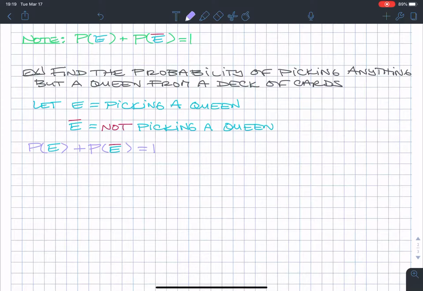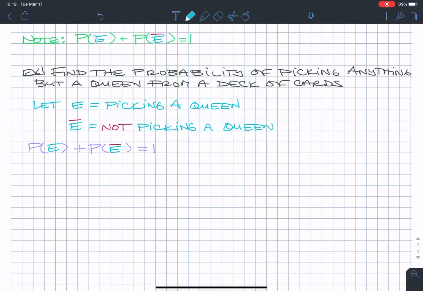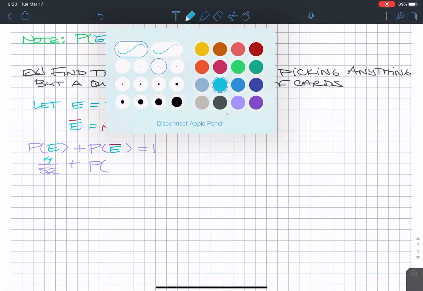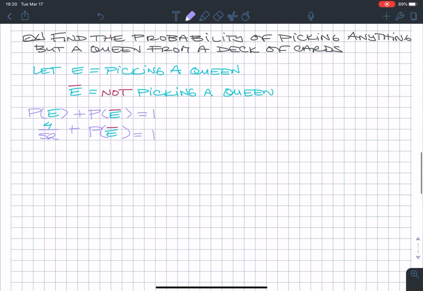So what is the probability of picking a queen? Well, do you agree that there are 4 queens? There are 4 queens for every 52 cards in one deck, plus the probability of not E, which I'm trying to find, is equal to 1.